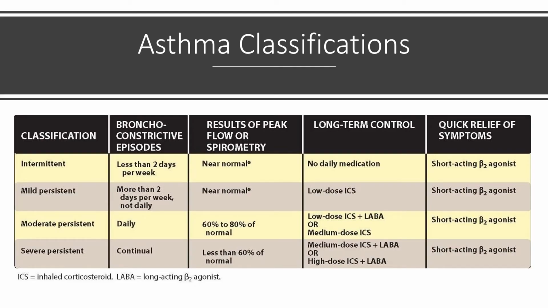Asthma classifications: intermittent, mild persistent, moderate persistent, and severe persistent. And then each area of the graph illustrates what we're looking for. Now, I am a big believer in peak flow and spirometry.